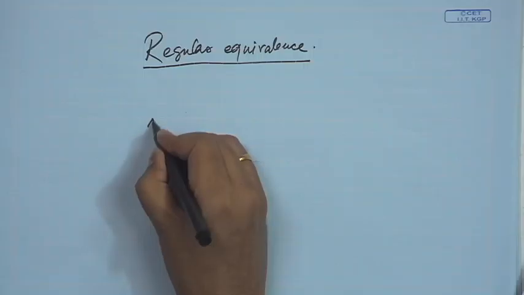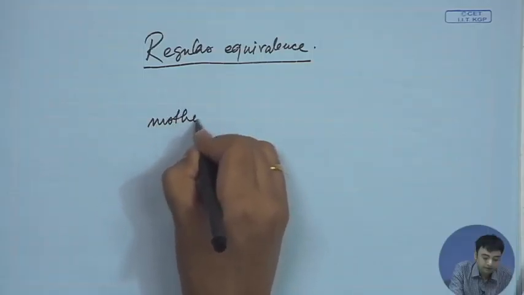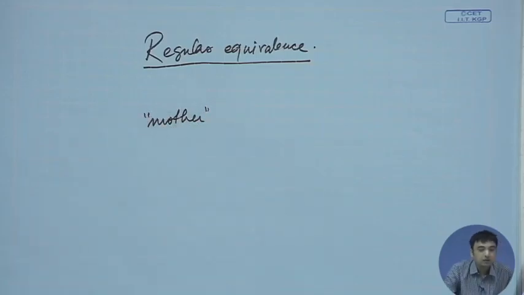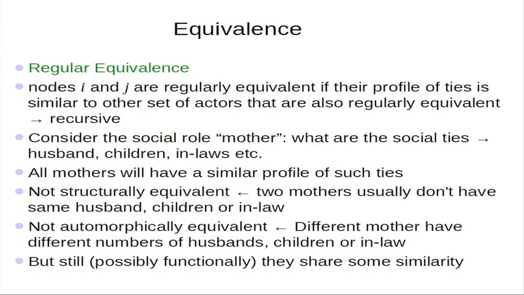For instance, take the example of the relationship mother, okay. If you look at the slides, I demonstrate it clearly there. All mothers will have a similar profile of ties: they will have a husband, a set of children, and a set of in-laws, okay.